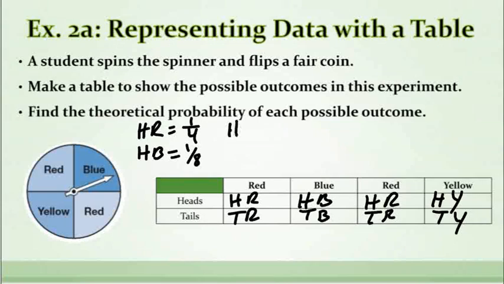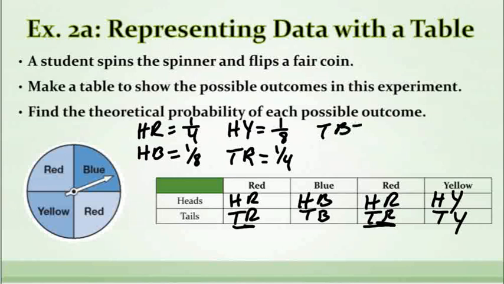Heads yellow happens 1 out of 8. Tails red is 1 out of 4 because we have 2 of those. Tails blue would be 1 out of 8. And tails yellow would also be 1 out of 8.